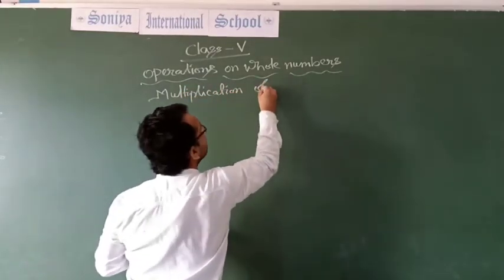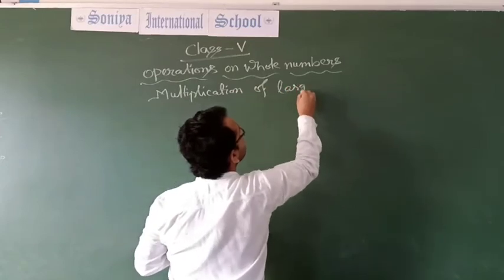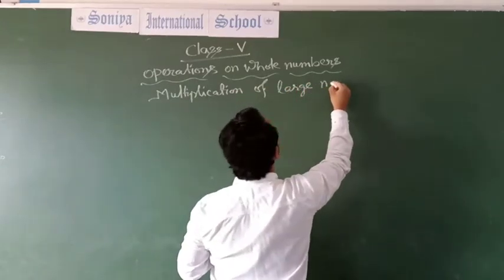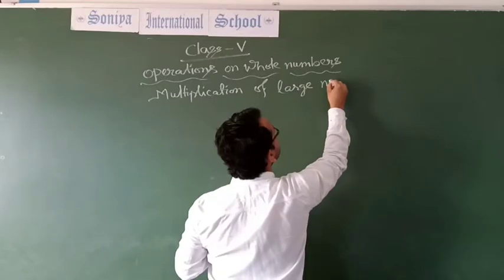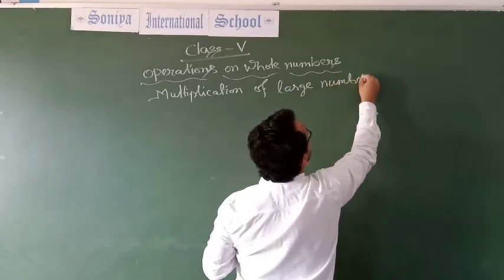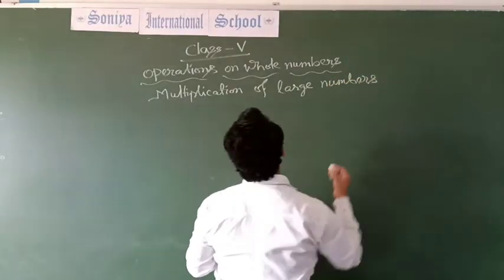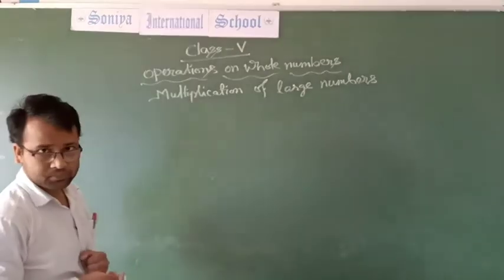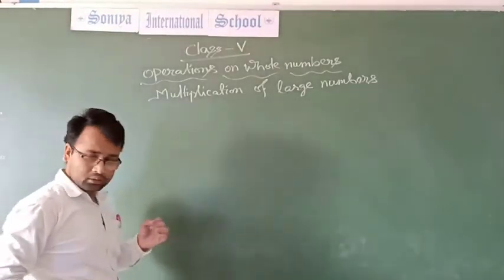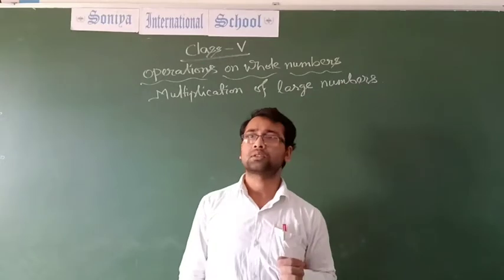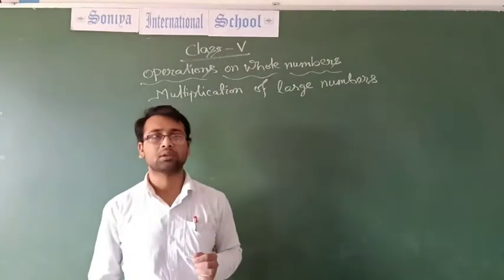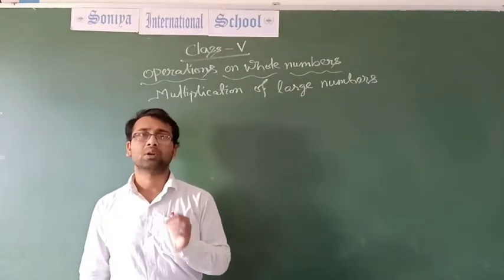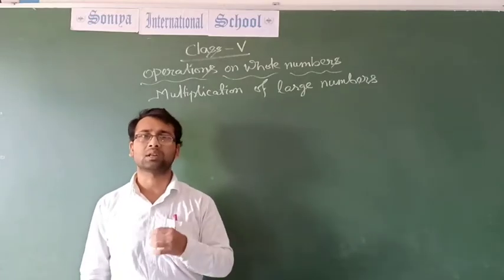Multiplication of large numbers. In this chapter, we cover 2 digits and 3 digits.